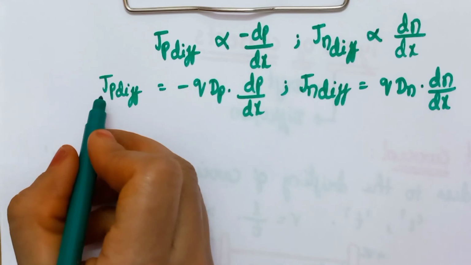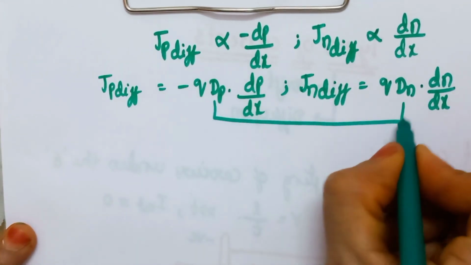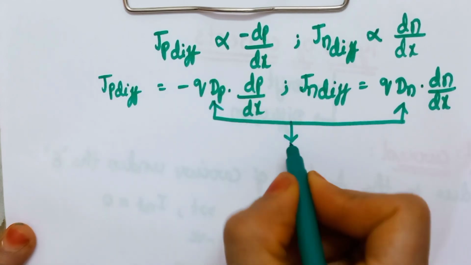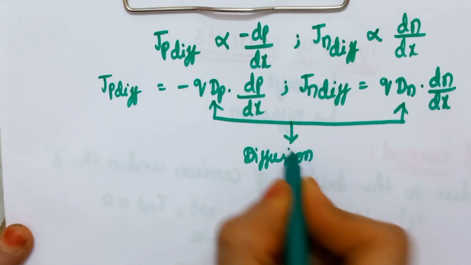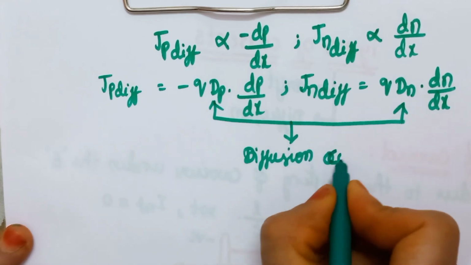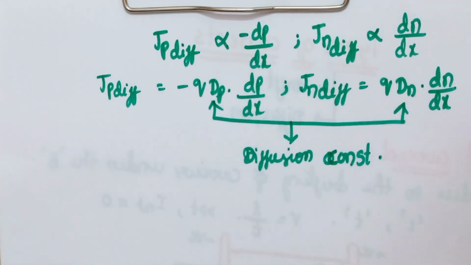This is the current density, and here D_n and D_p are called the diffusion constants of electrons and holes respectively.